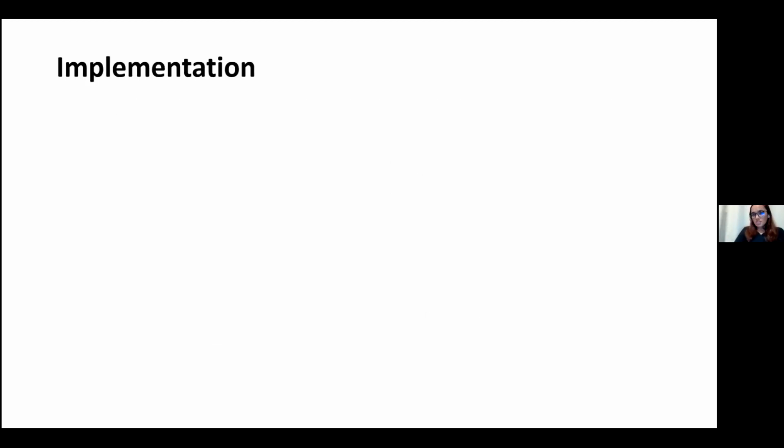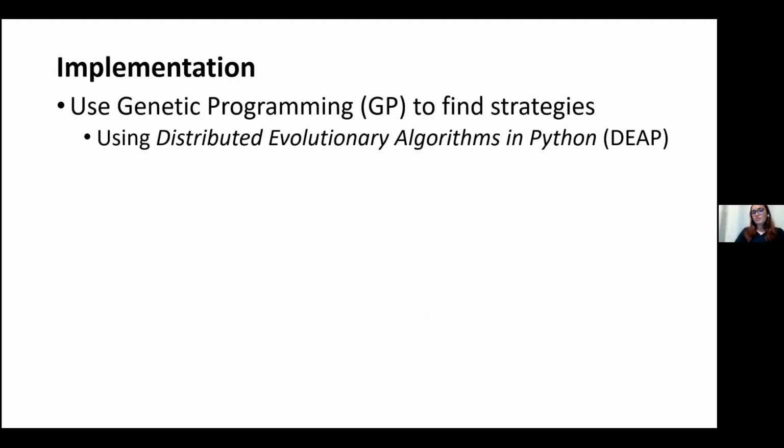And for the implementation of the project, we have used genetic programming to find the strategies using the distributed evolutionary algorithms in Python framework, which is the DEAP framework. We know that genetic programming is a particular form of evolutionary algorithm which adopts the natural selection process and comes up with the best solution.